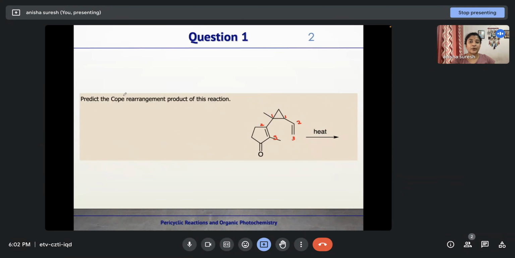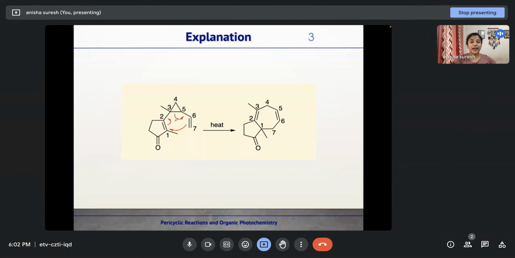The 3,3 sigmatropic rearrangement is also known as the Cope rearrangement. So we have the system, and we are numbering the total number of atoms. According to the 3,3 sigmatropic rearrangement, it will be 3, 2, 1 and 3, 2, 1.